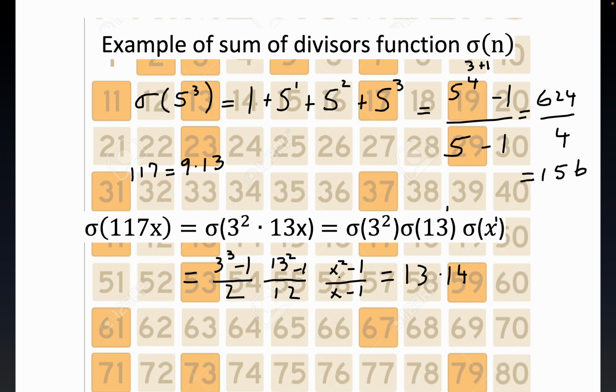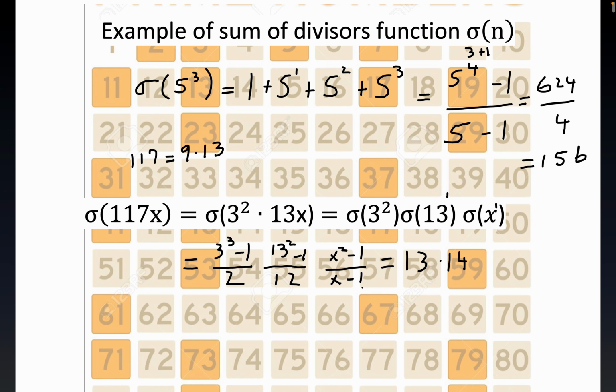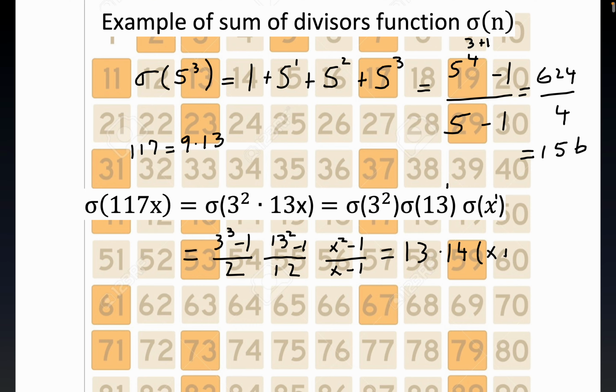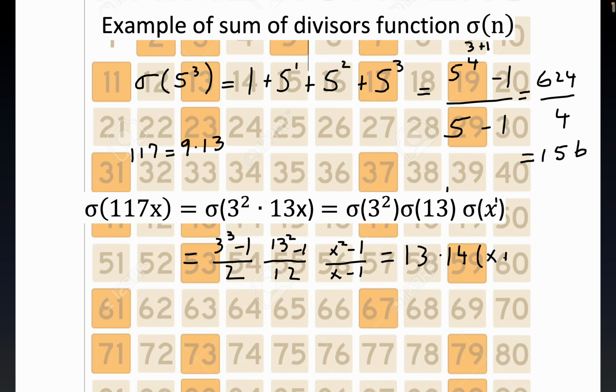Now, remember, x squared minus 1 is equal to x plus 1 times x minus 1. So this would just all be x plus 1, right? Isn't that cool, folks? The minus 1 factor would cancel.